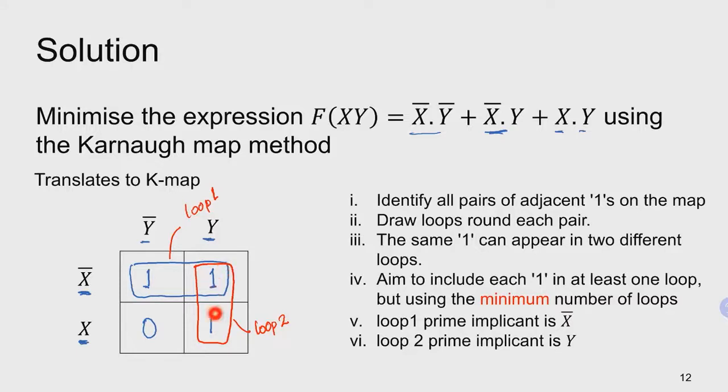So this is my loop 2, going vertically in my red loop. So y hasn't changed, remains as y, whereas x changed from x bar to x within that loop. So we can remove the variable x, and therefore loop 2's prime implicant is simply equal to y.